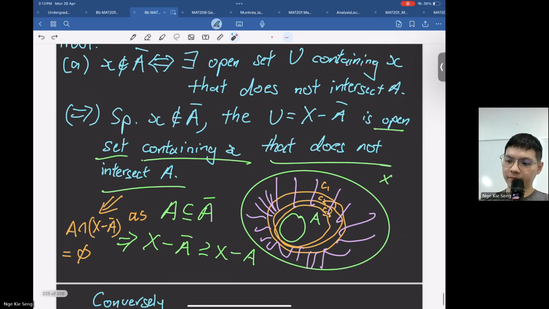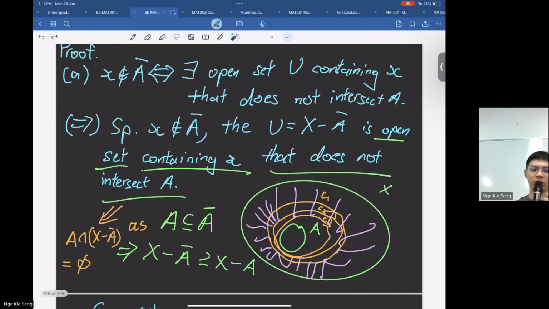If you want to show that it is not contained in A bar, what can you do?